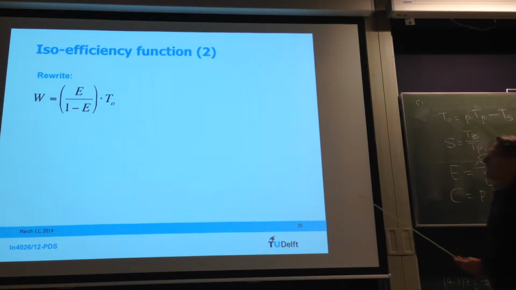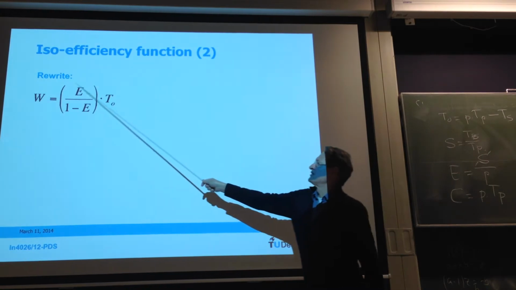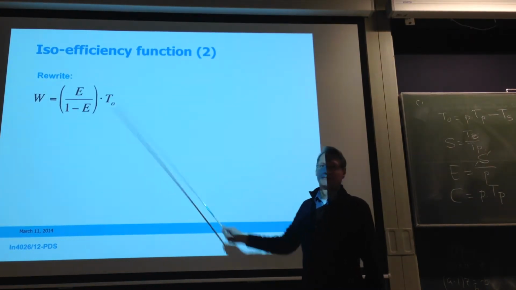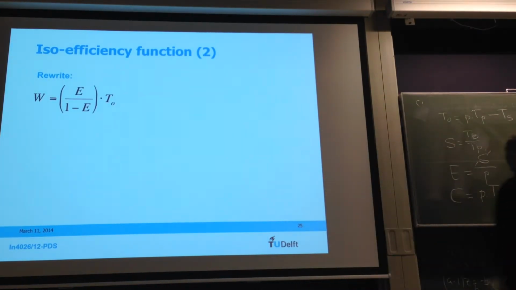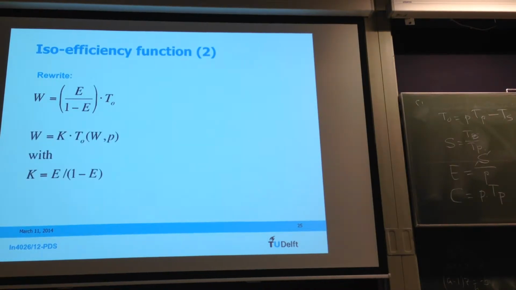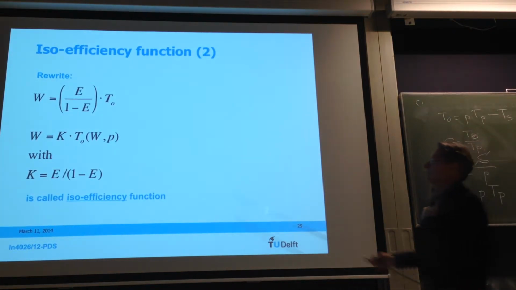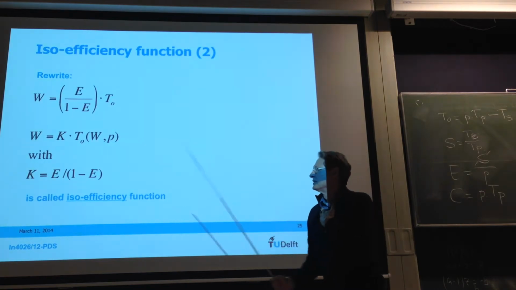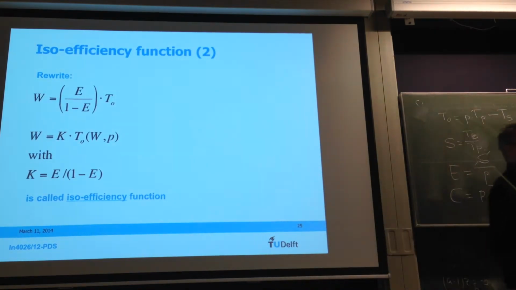Now, if we require a constant efficiency, this is a constant. And that means that W is a constant times the overhead function. And this equation is called the isoefficiency function.